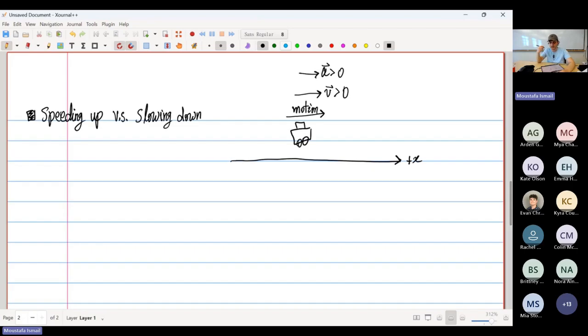You're accelerating in the same way you're moving. But if you have the acceleration to the left, then the acceleration is negative, and you're slowing down because it's opposing your direction of motion.